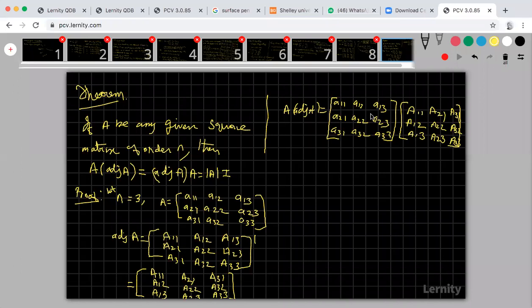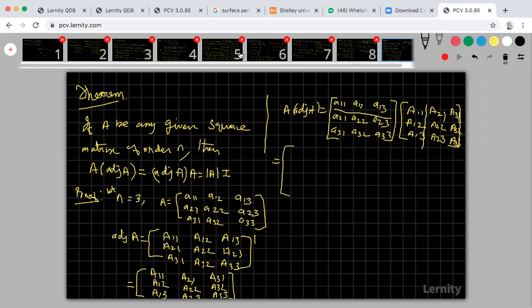Row by column. This row by this column. A11 with A11, A12 with A12, A13 with A13. So what is the answer?